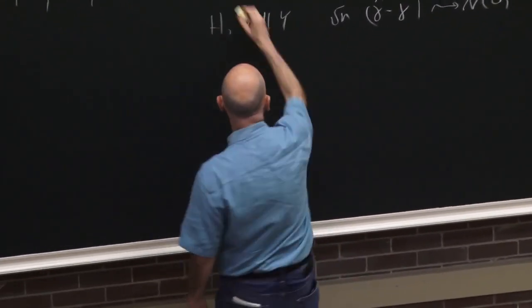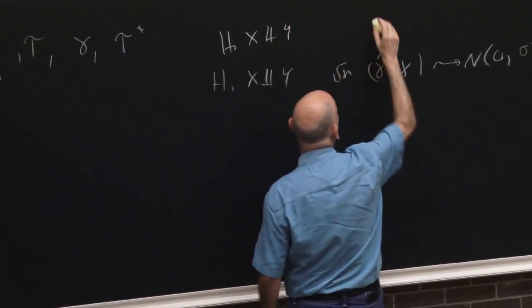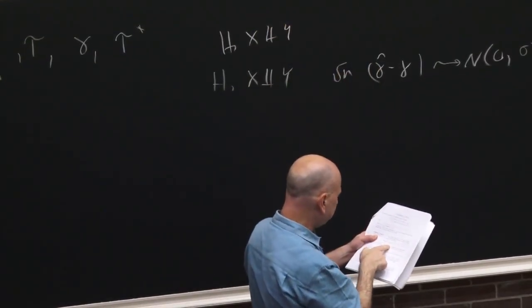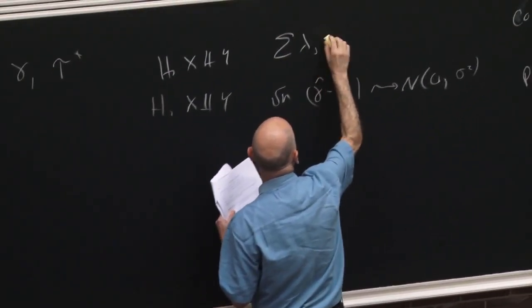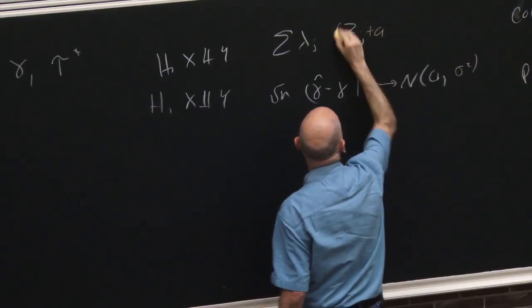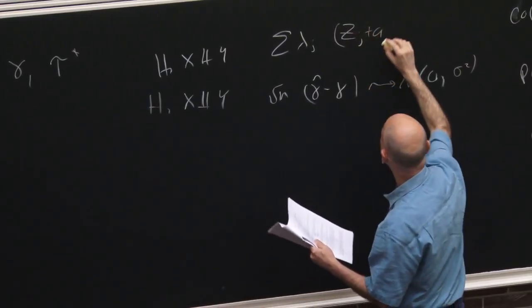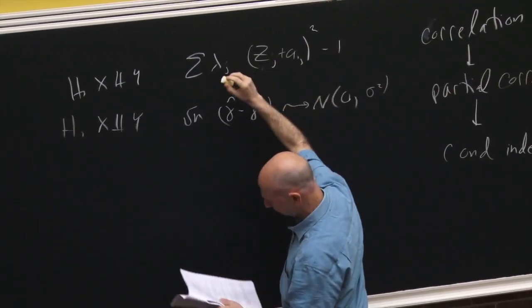But under the null hypothesis, the convergence was to something I called a Gaussian chaos. It's written there for you in the middle of page 7. It's a linear combination of chi-squareds. It looks like this, where each Z is a standard normal.